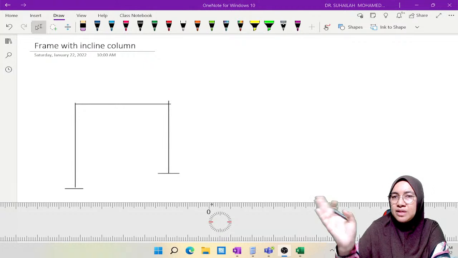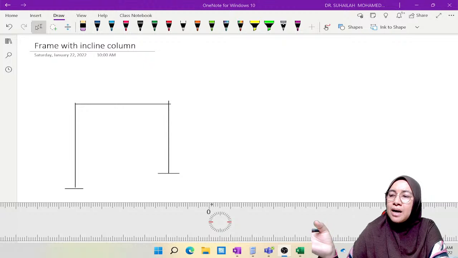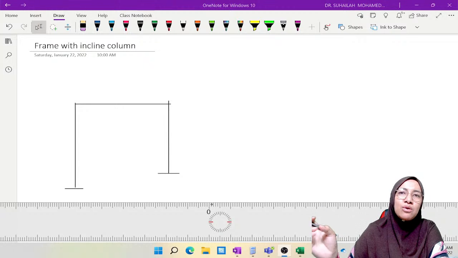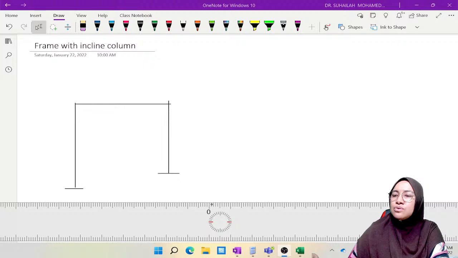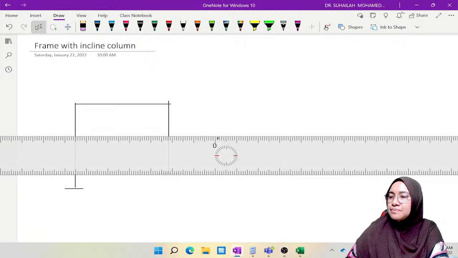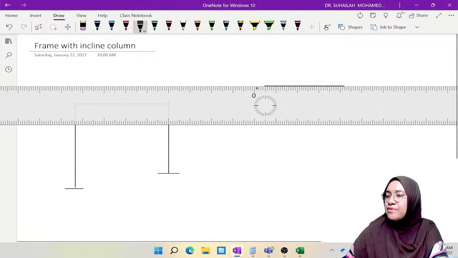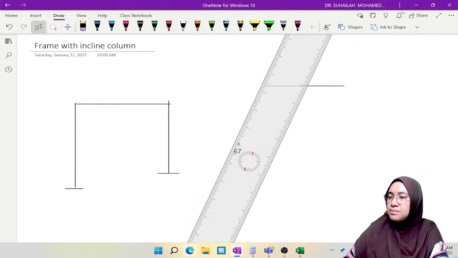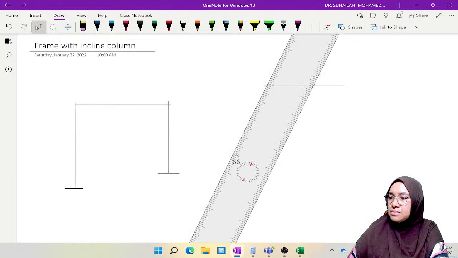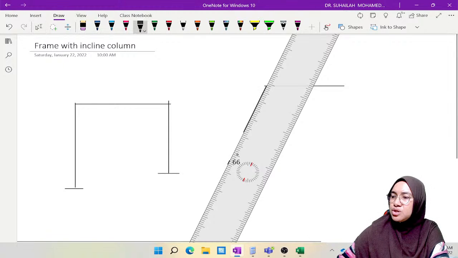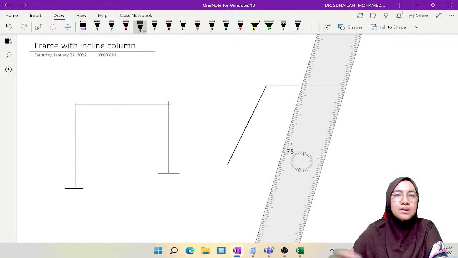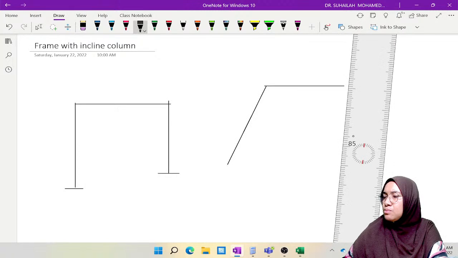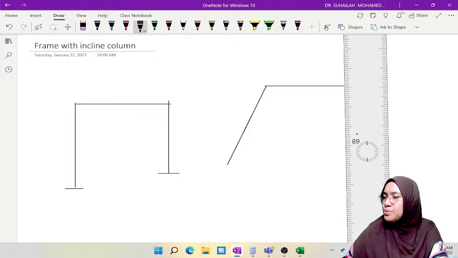Actually a frame has also inclined columns. A frame can also be like this, which has inclined columns, one inclined column or two inclined columns.